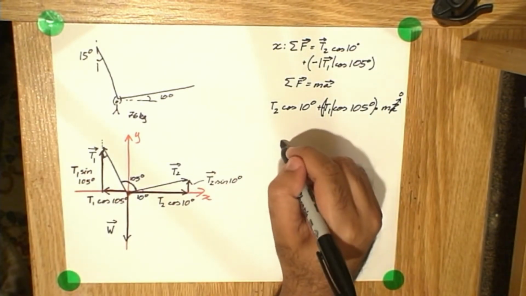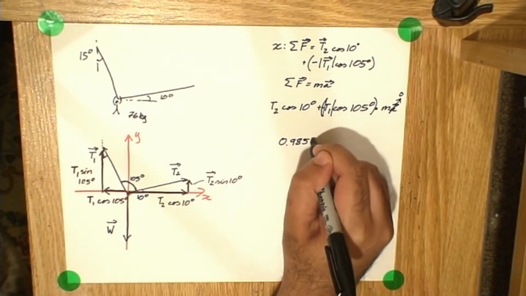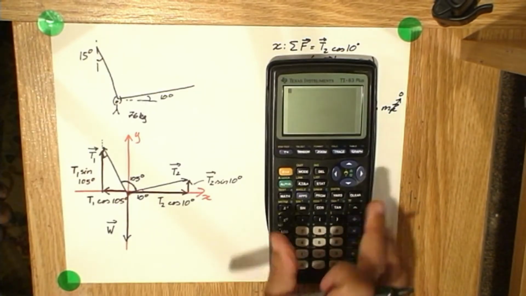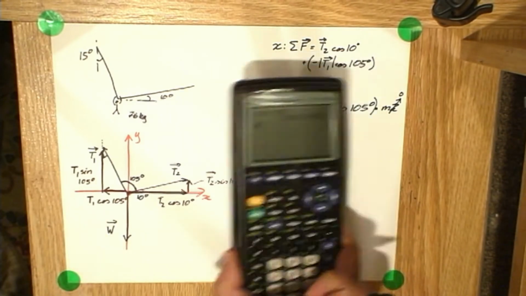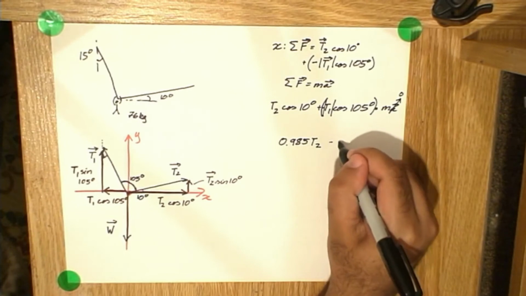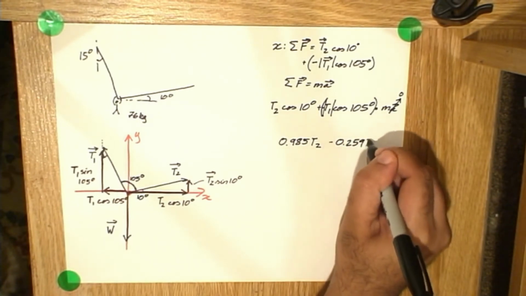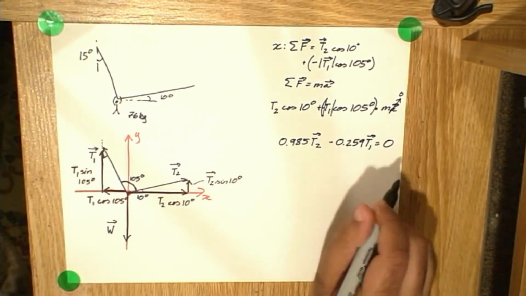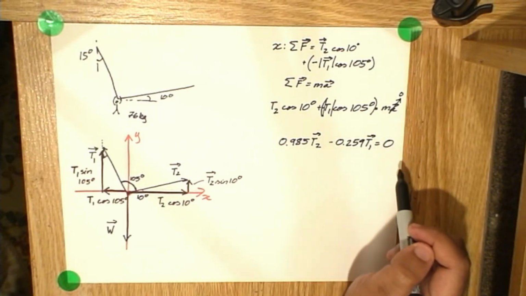So we could write this as 0.985 T2. The cosine of 105 is negative 0.259. So let's write the second term as negative 0.259 T1. And the right side, of course, was equal to 0 because the acceleration is 0.